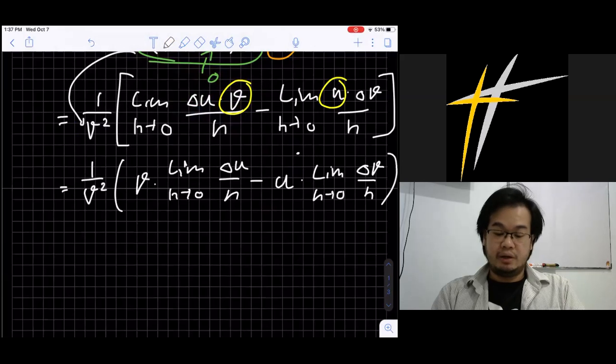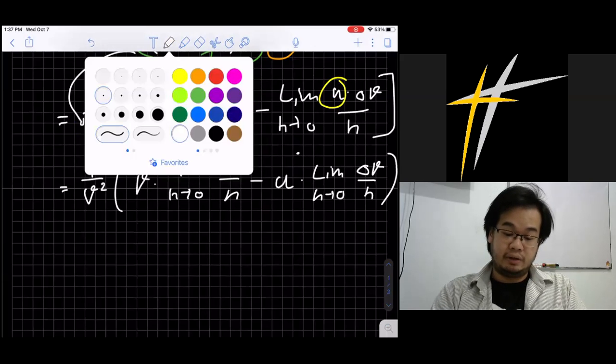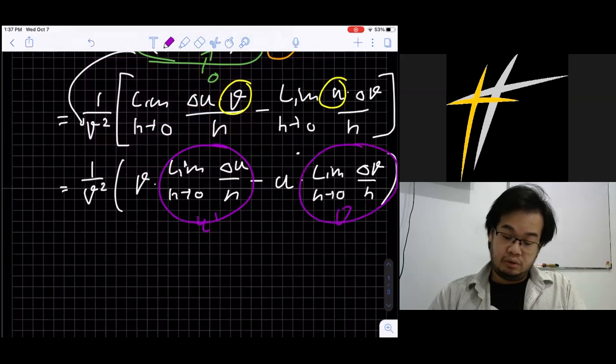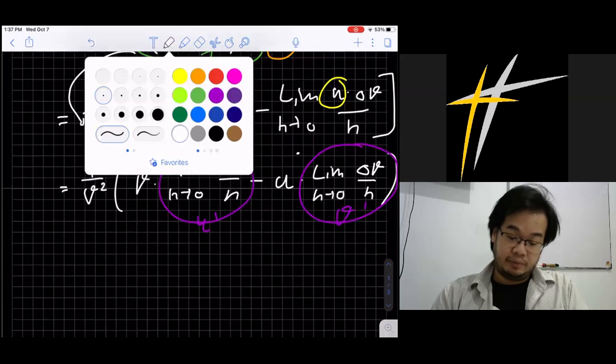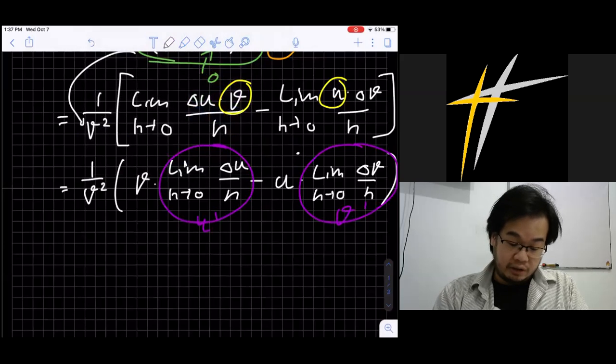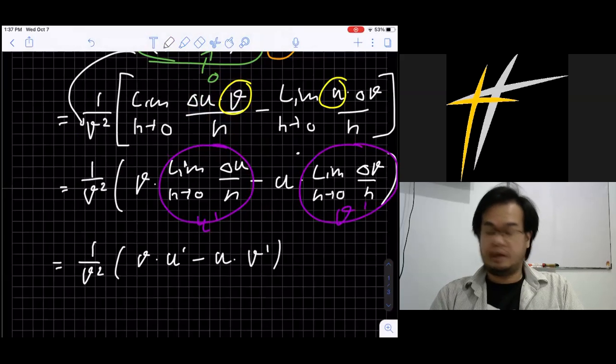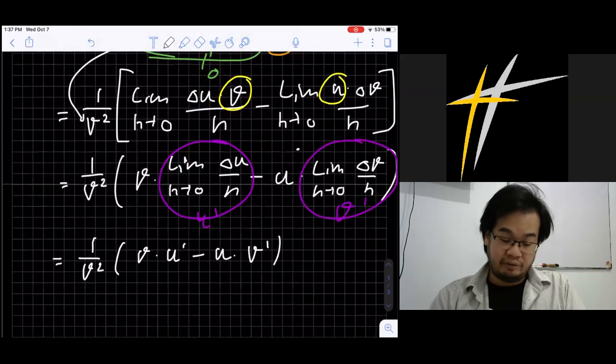Okay. And then again, from the previous lesson, you know that this is actually equal to u prime and this is actually equal to v prime. So what we will have is 1 over v square times v times u prime minus u times v prime. To make it general, I will rewrite it.